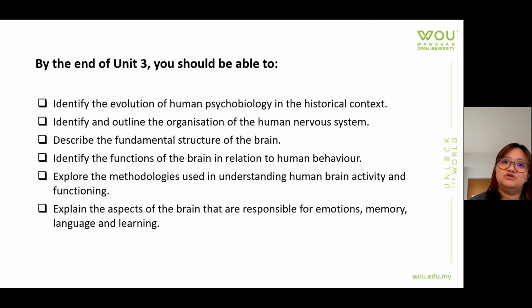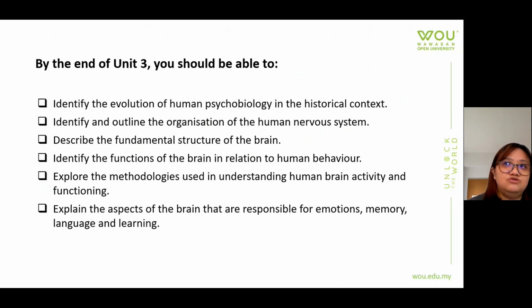By the end of Unit 3, you should be able to first identify the evolutions of human psychobiology in a historical context. Followed by that, you are able to outline and identify the organization of the human nervous system.